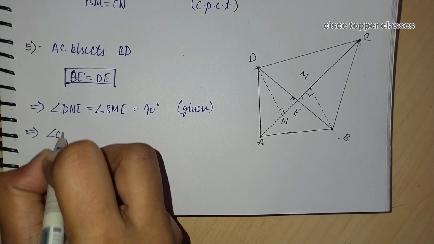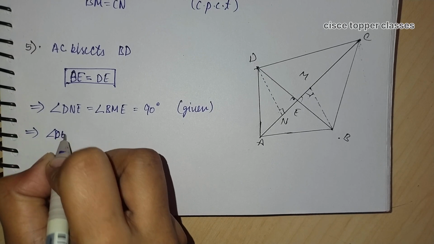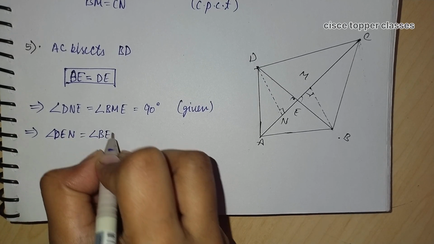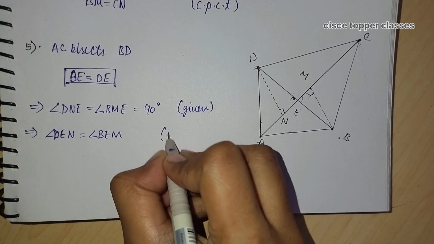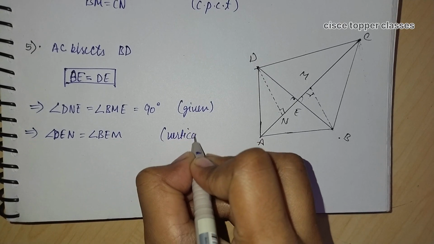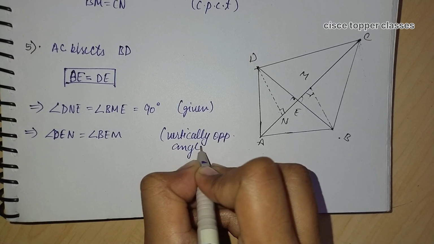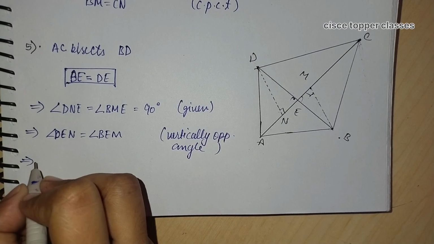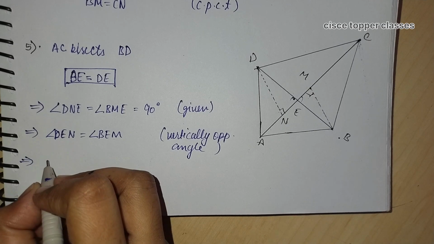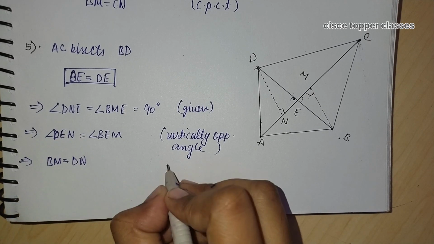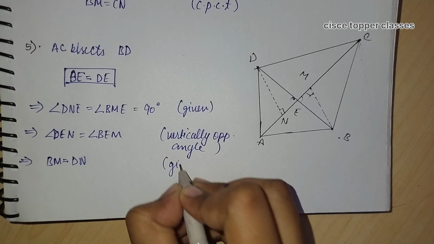So from here angle DEN equal to angle BEM, because these are vertically opposite angles. The third thing here is given, it is BM is equal to DN. So this is given here.